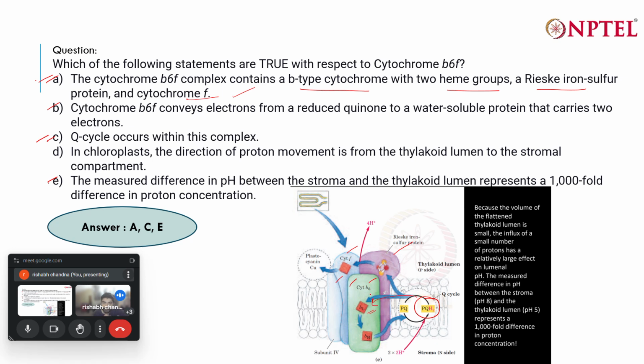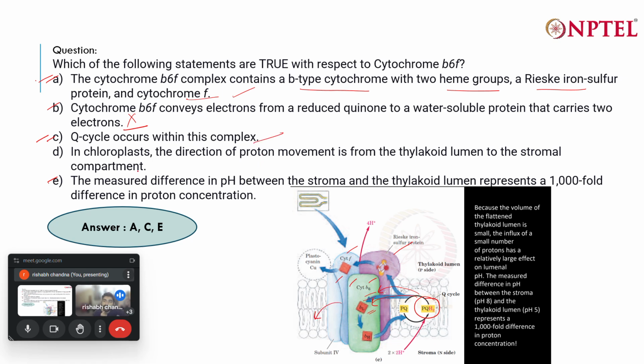Cytochrome B6 is not a water soluble protein, so that's why it is false. Then, Q cycle occurs within this complex. Yes, because the quinone, after reduction, transports its electrons to cytochrome B6 that helps in transferring the electrons. So yes, this is correct.